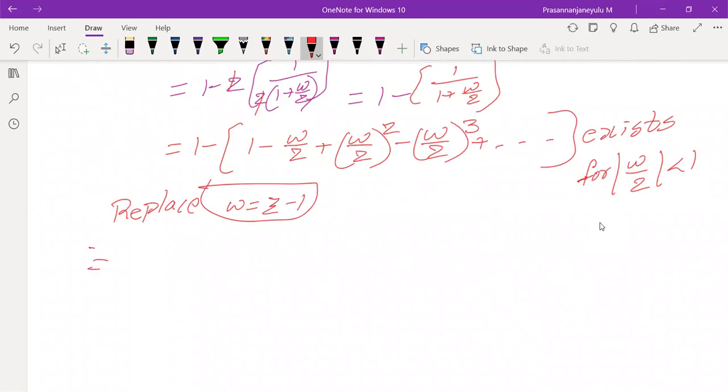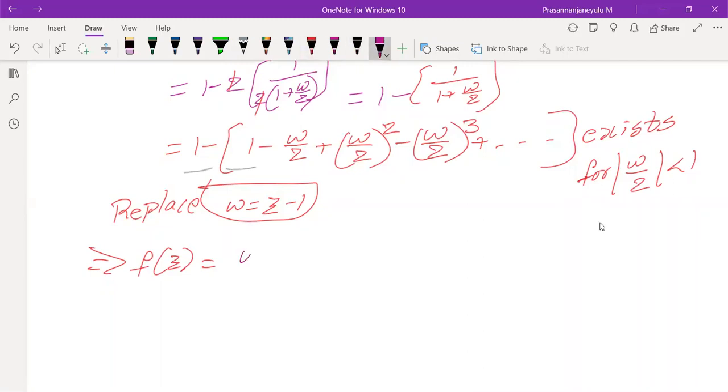That implies f of z equals, now if you simplify here, 1 and minus 1 get cancelled. The remaining terms have to be multiplied with minus 1.